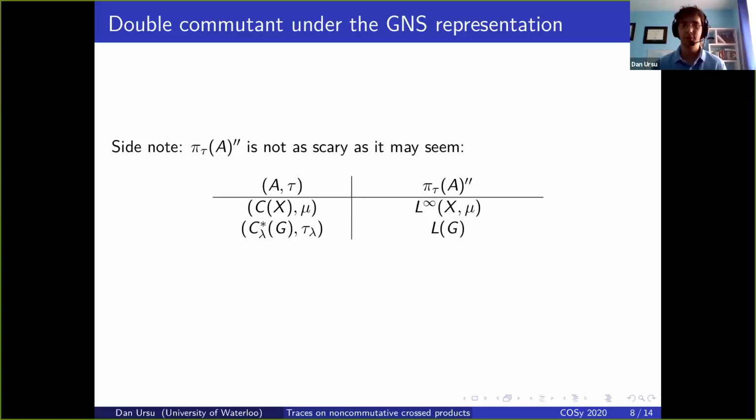Start with any reduced group C-star algebra, and you take the canonical trace, well, the double commutant is just going to give you the group von Neumann algebra. And there's a lot of C-star algebras with unique trace. For example, any UHF algebra. And a lot of these, when you take the double commutant under the GNS representation, you're going to get the hyperfinite II_1 factor.